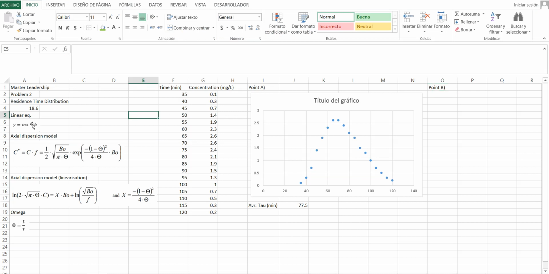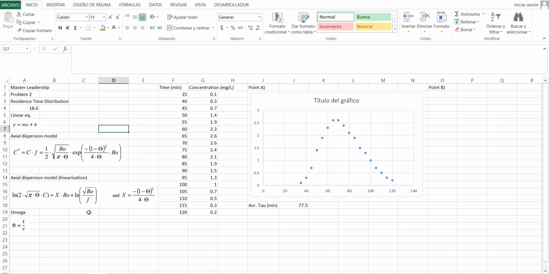It's a linear regression, so let's remember the equation of a line: y equals the slope times x plus the intercept. We want to match this equation to that equation. The y-axis is the left-hand side of the equation, the x-axis is expressed by this expression, and the intercept is this natural logarithm.